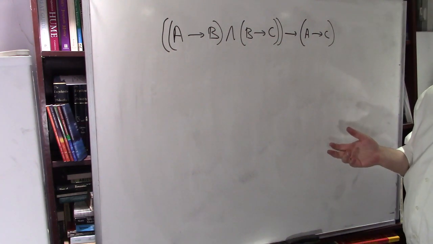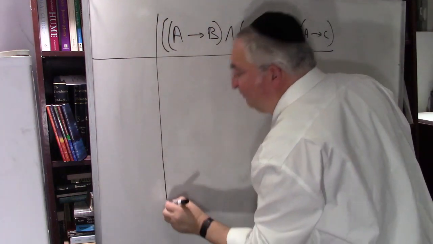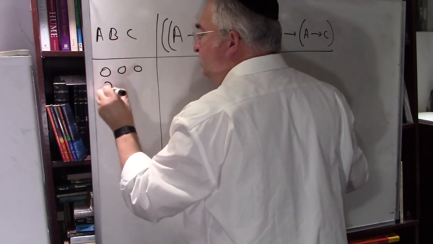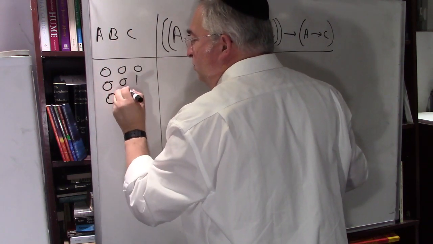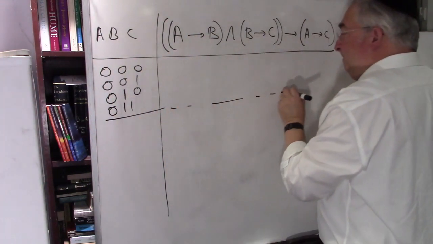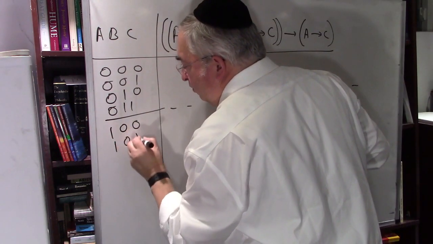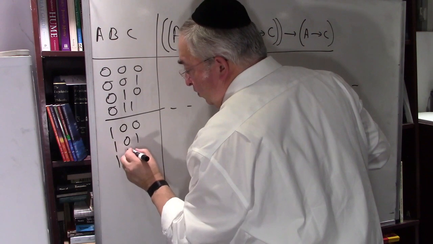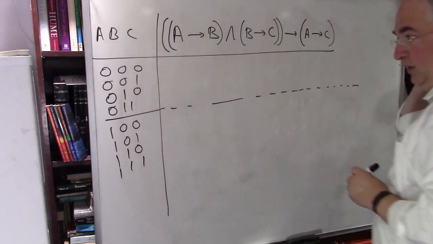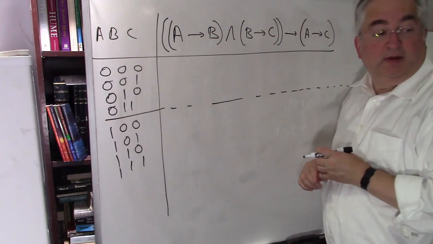Makes sense? Okay, so let's just do it quickly. Again, it's going to take a few minutes. 0 0 0, 0 0 1, 0 1 0, 0 1 1, 1 0 0, 1 0 1, 1 1 0, 1 1 1. Okay, A arrow B. Miriam, you helping me?